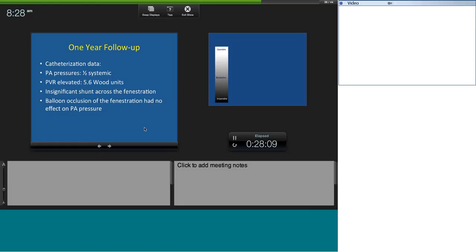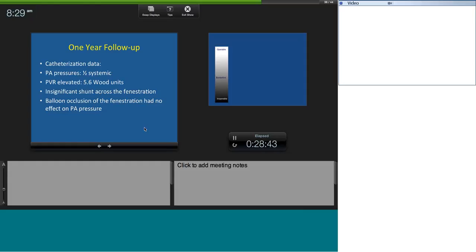I'll tell you another story. Similar case. Large PDA, 4-year-old, borderline numbers, device closure done, 1-year follow-up, half systemic, 4-year follow-up, 2/3 systemic, 5-year follow-up, systemic, 8-year follow-up, suprasystemic, 9th year, cardiac arrest, sudden death at school.